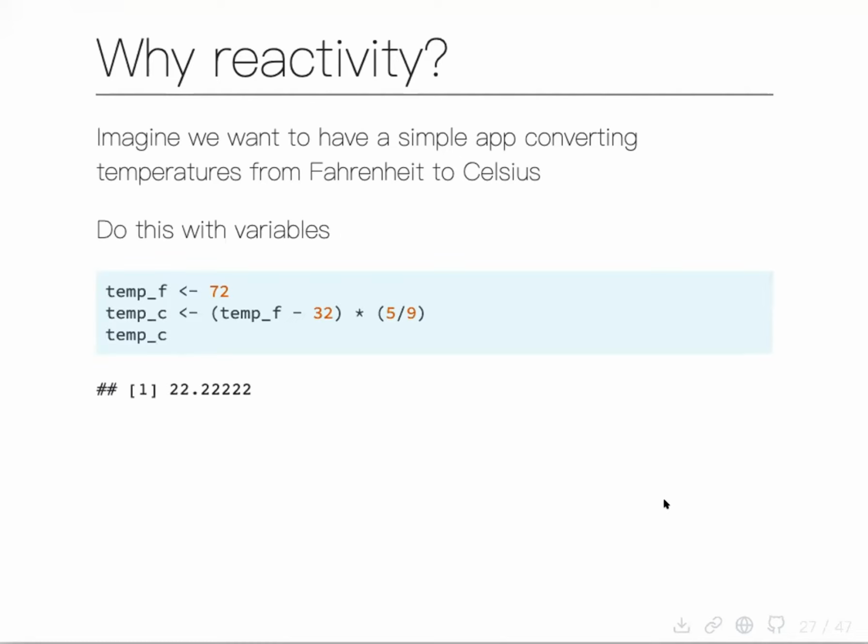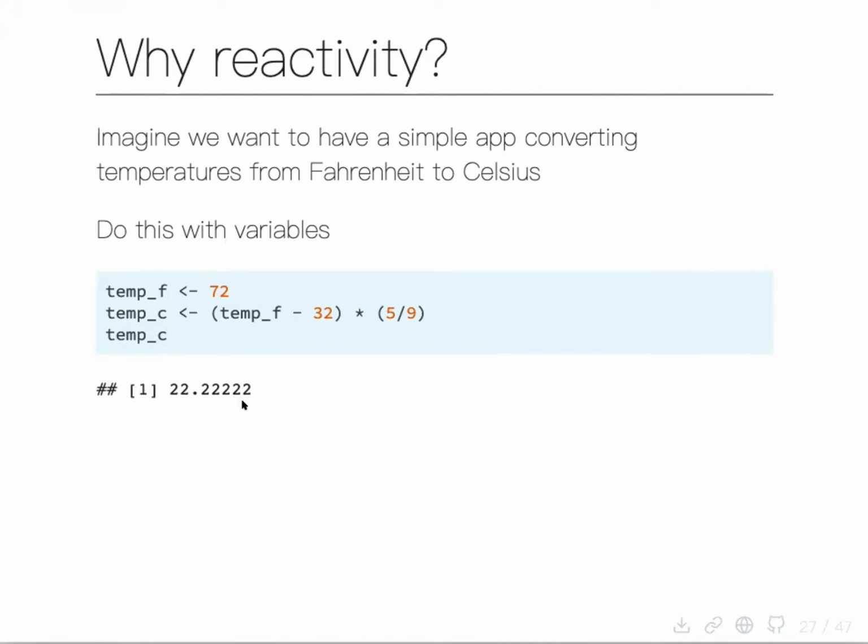So we could do this with variables in R, right? So here I'm saying tempF, the temperature in Fahrenheit, is 72. So the temp in Celsius is going to be this formula. I subtract 32 and multiply by 5/9. And so tempC is 22.2222.